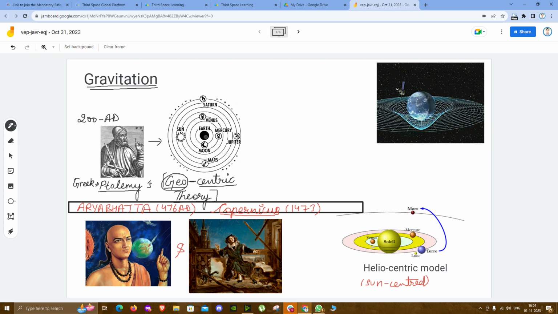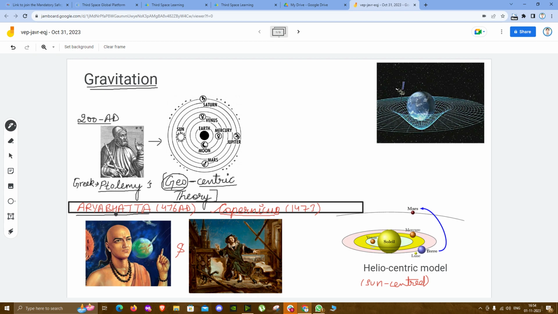But even at that time, around 200 AD and after that, there were some physicists, astronomers, and mathematicians like Aryabhatta from the Indian subcontinent.